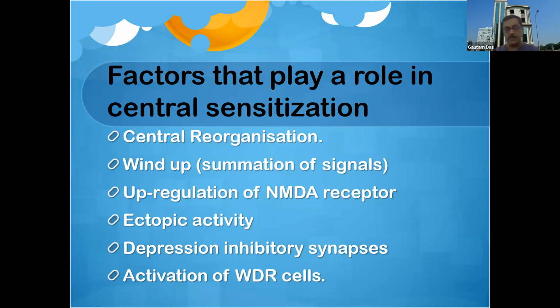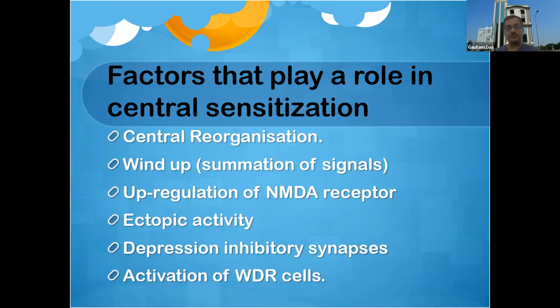In the central sensitization, the first part is central reorganization. What is central reorganization? Central reorganization has three important components. One component is the loss or dysfunction of the descending inhibitory pathway. I already told you the natural inhibition by the descending inhibitory pathway is lost. So a small stimulus becomes more painful because the inhibition has been lost.